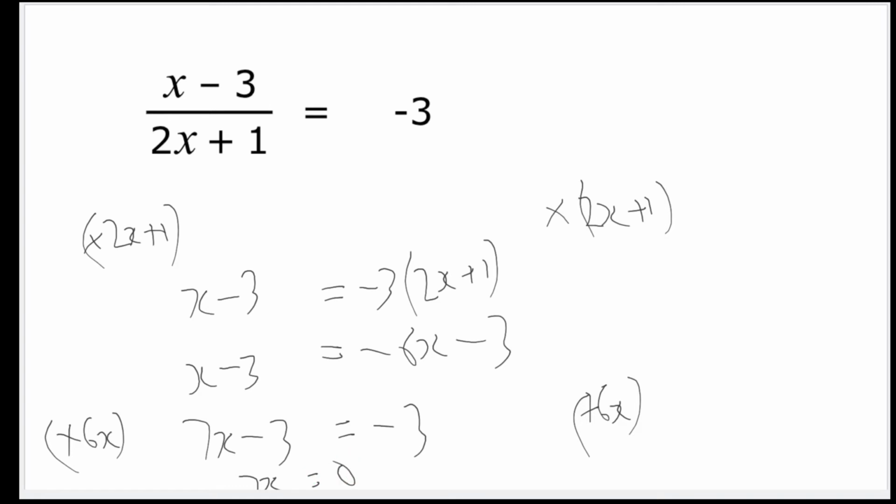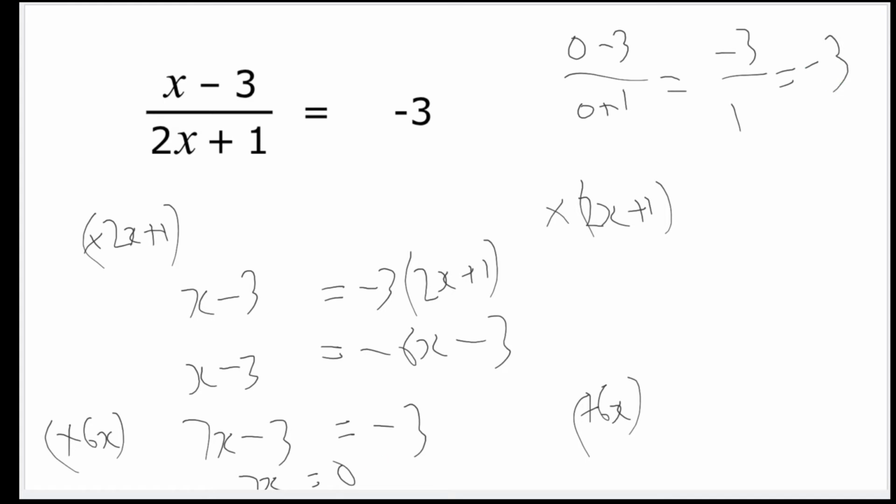Now, sometimes the answer is 0, so we've got 0 minus 3, 2 times 0 is 0, so 0 plus 1, and that's equal to minus 3 over 1. Our answer is minus 3.